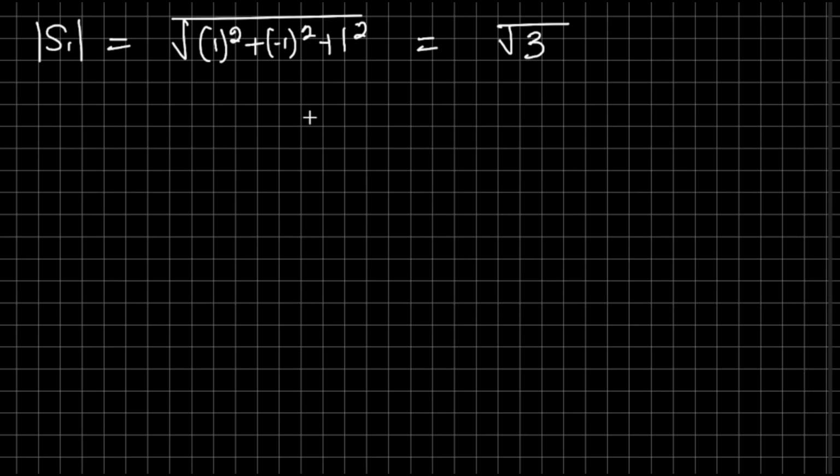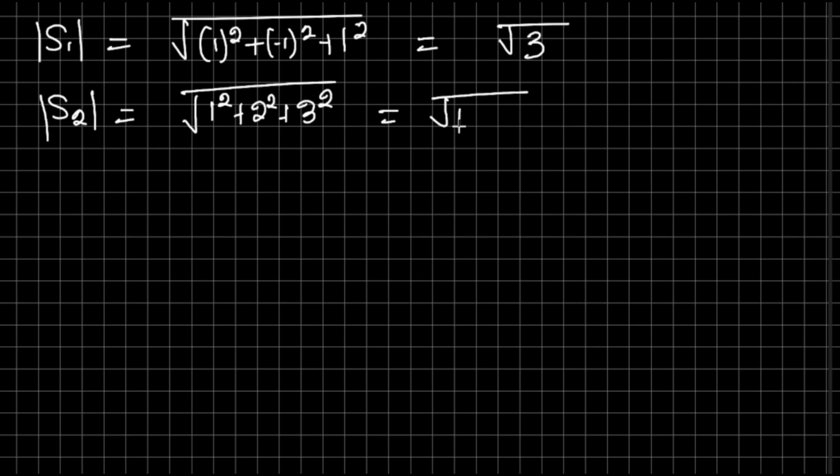The magnitude of s2 equals the square root of 1 squared plus 2 squared plus 3 squared, which is the square root of 1 plus 4 plus 9, which is the square root of 14.